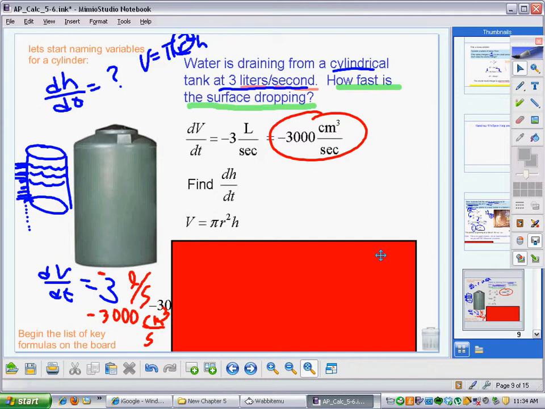Yes. You almost always need a product rule just by looking at that, but in this case you don't. Why not? Because R doesn't change. R is a number. I don't know what it is yet, but because R doesn't change, it could be 5, it could be 2, it could be 18. So it's a number. You don't have to take a derivative of it because it's a number.